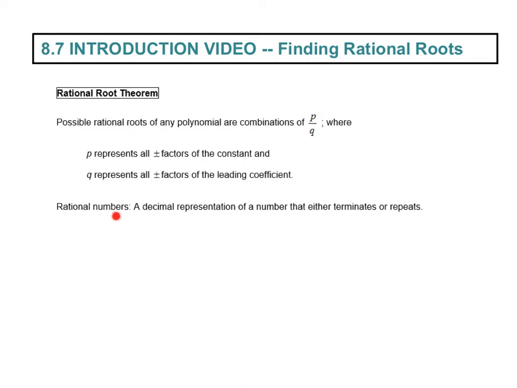Just a reminder, a rational number has a decimal representation that either terminates or repeats. So we are trying to find rational roots for polynomials. Just real quickly, if we take a look at x squared plus 5x plus 6, we know that this would factor down into x plus 2 and x plus 3.